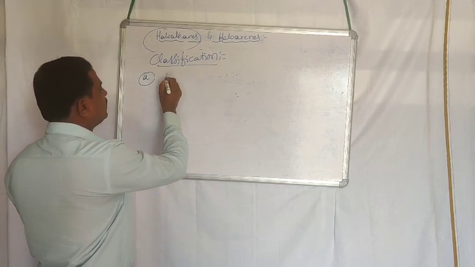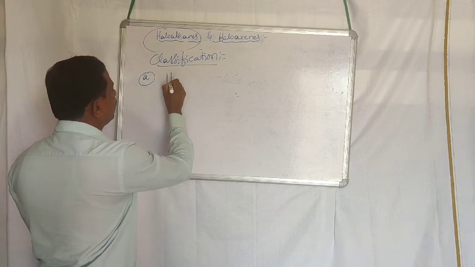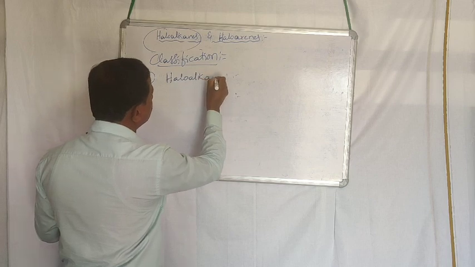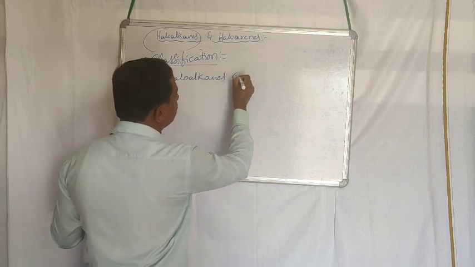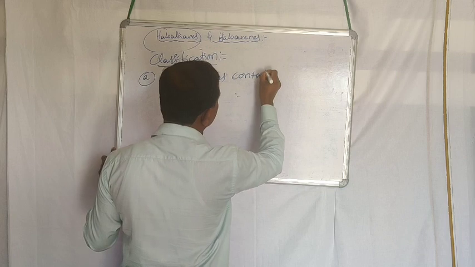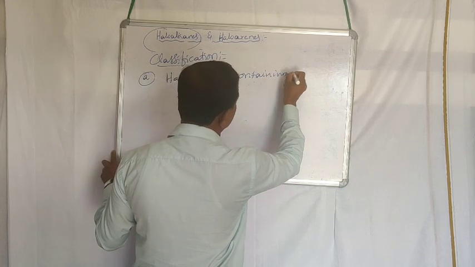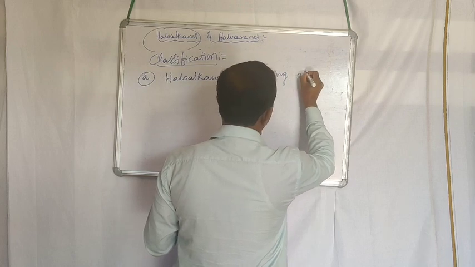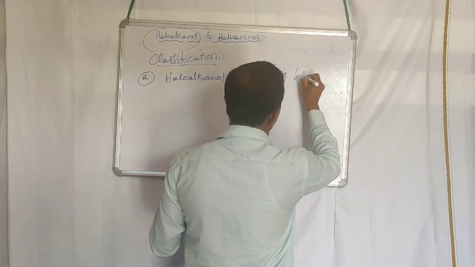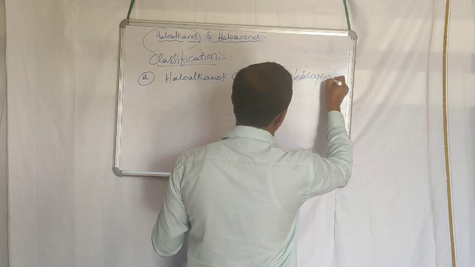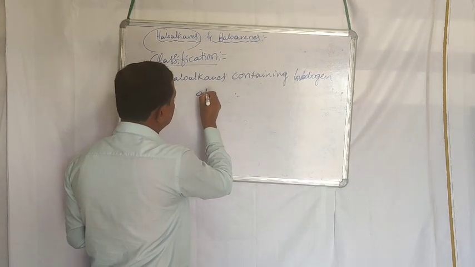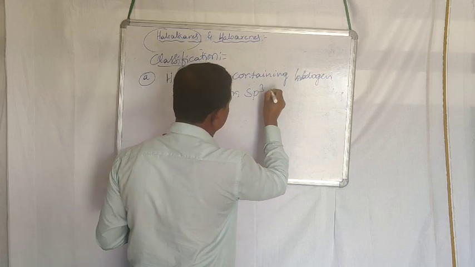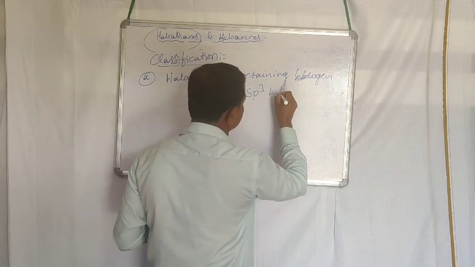That is, number one is haloalkanes containing halogen atom on sp3 hybridized carbon atom.